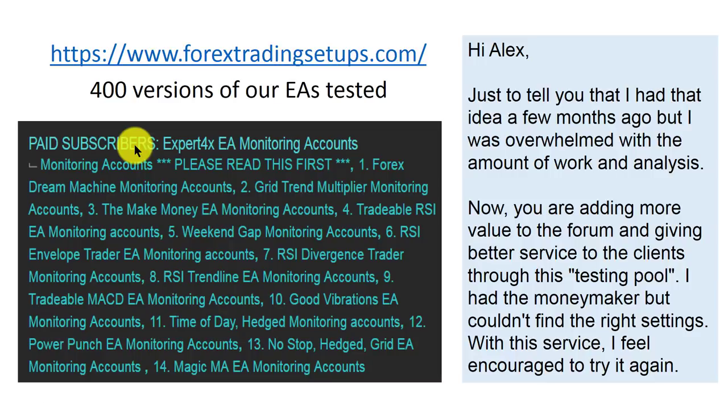You pay $36 a month, and you can go and have a look at all of these EAs. Really good if you've got our basket of EAs, because you can then see which EAs are the most profitable, which settings are the most profitable, which currencies are the most profitable, which time frames are the most profitable. And it's a really good guide if you are one of those traders that need to find settings for your EAs. This is one way of doing that.